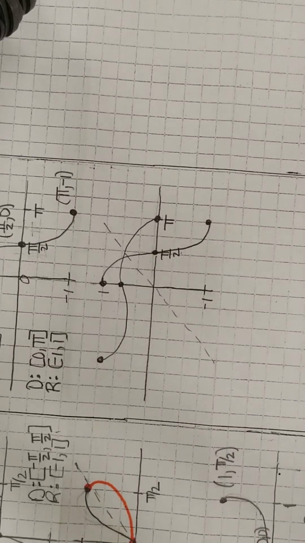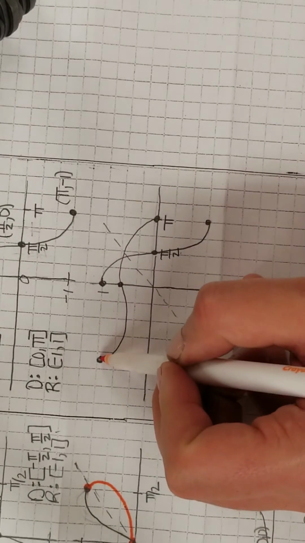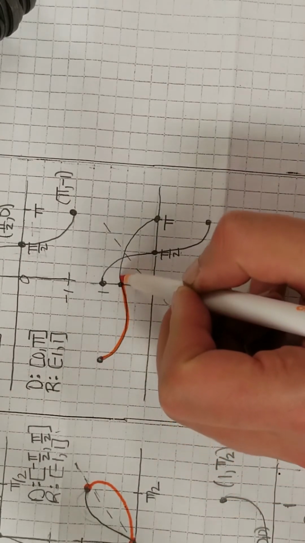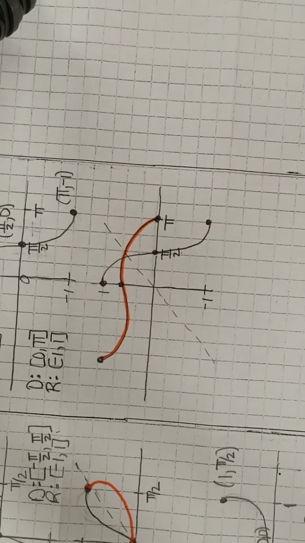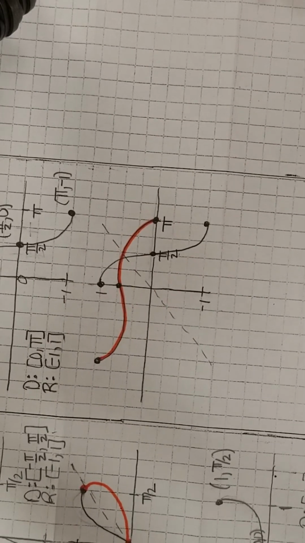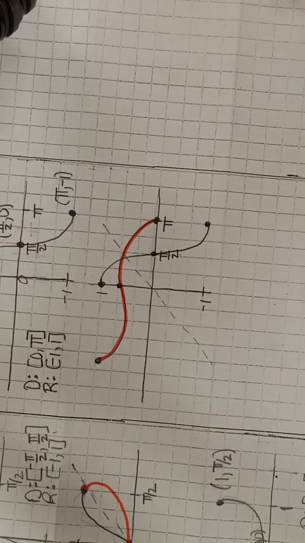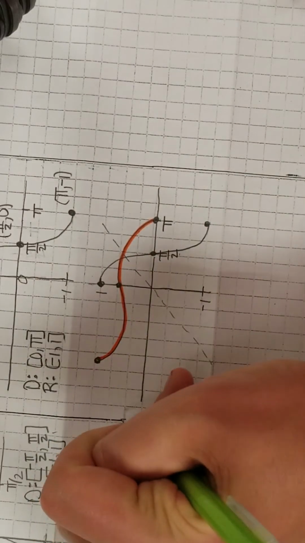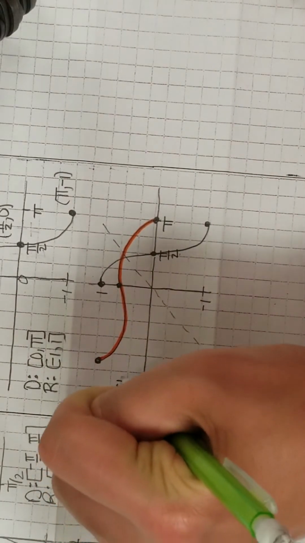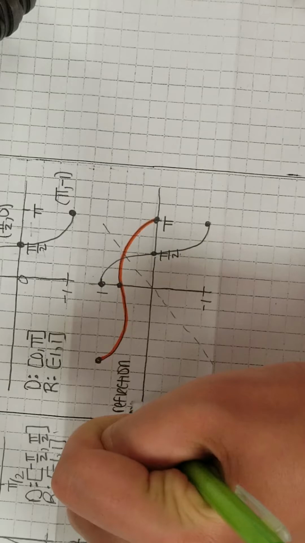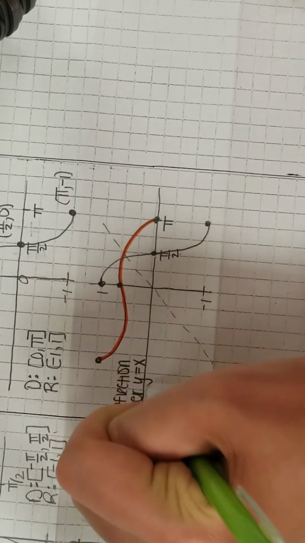And I have my reflection. This isn't exact yet. It will be once we get some ordered pairs here. It's just to visualize the reflection. So let's label this reflection over y equals x.